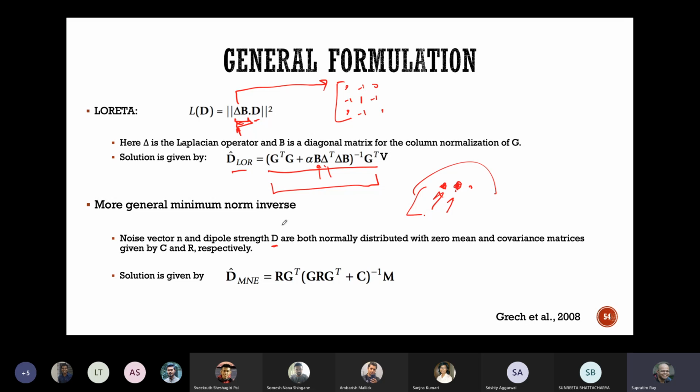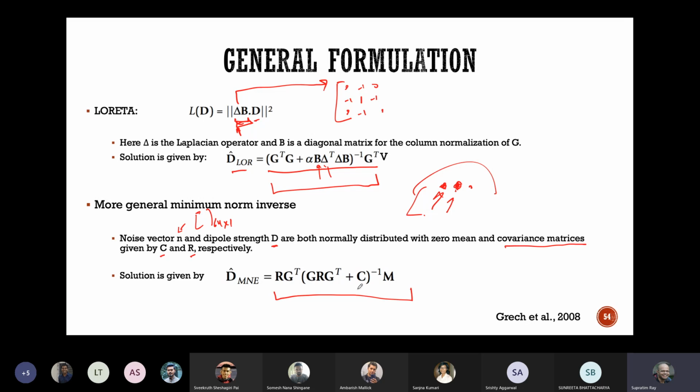So you could have a more generalized solution in which you assume that the noise vector, which is noise in the sensor space, a 64 cross 1 vector, is not independent but has a particular covariance matrix, given by C here. Likewise, your dipoles also have a particular covariance matrix given by R. And then the minimum norm solution turns into this.